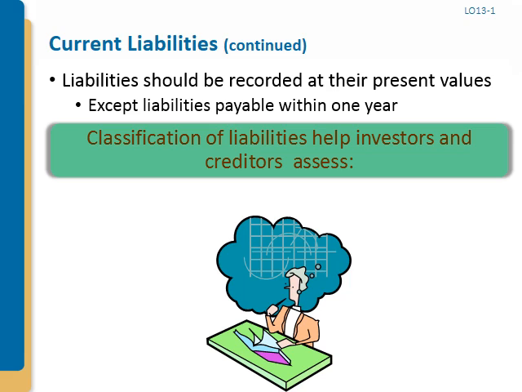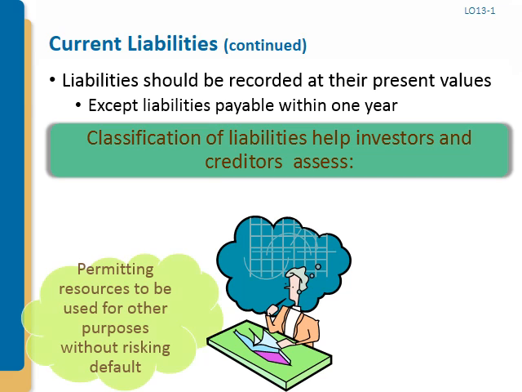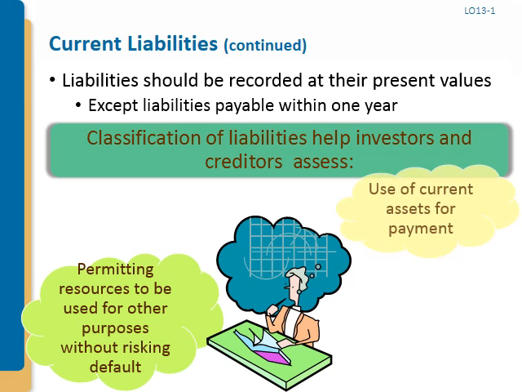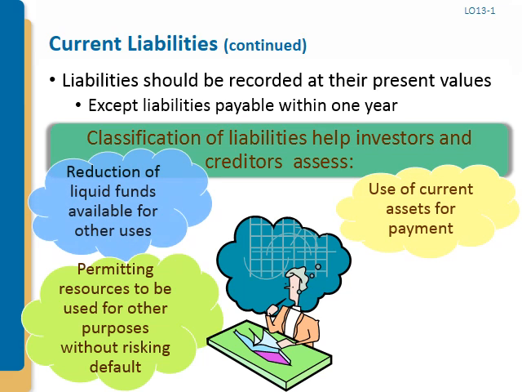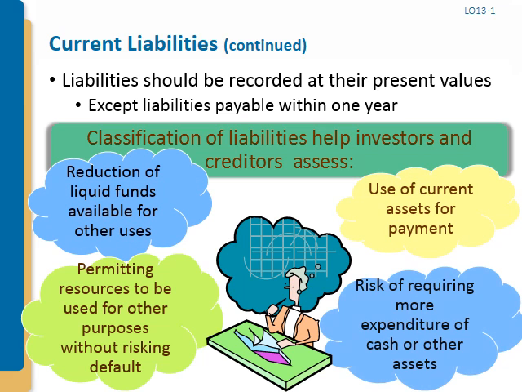If so, are sufficient funds available to make necessary payments of liabilities in addition to meeting current operating needs, or must additional funds be raised by raising capital? The answers to these questions can have significant implications.